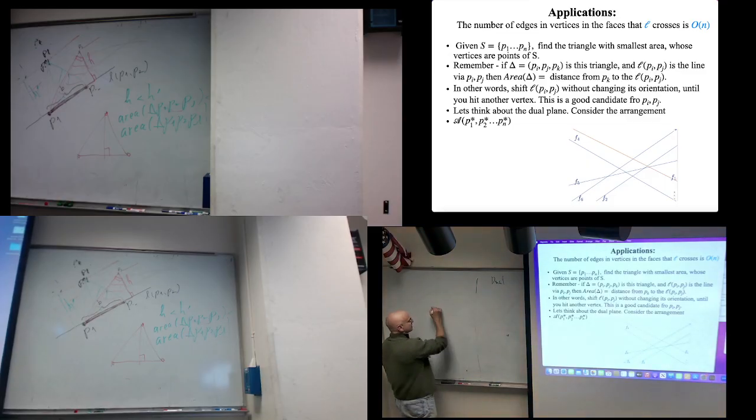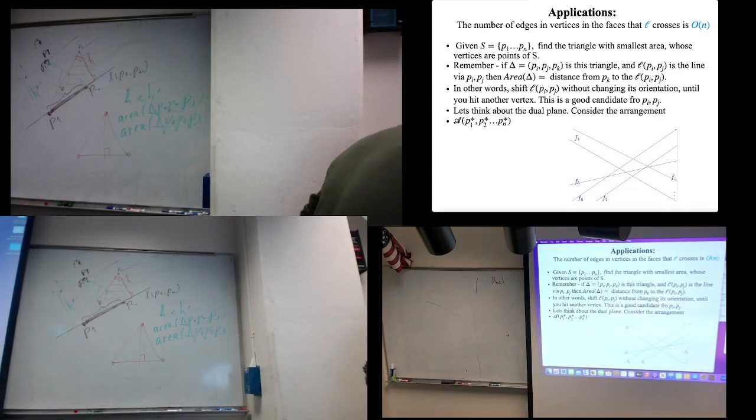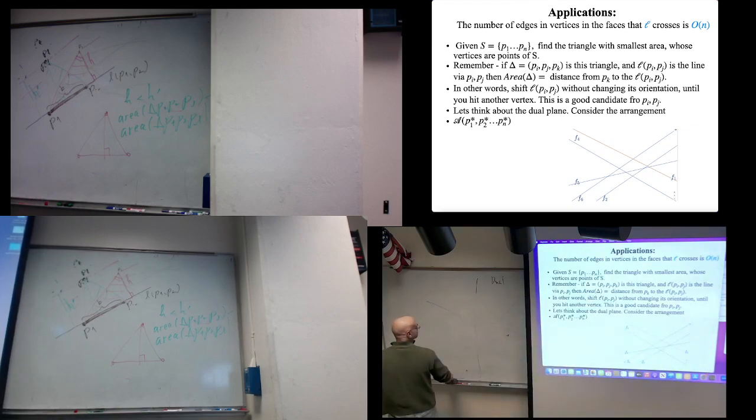So now I will take all the points. It would be nice to have mark. Now we'll take all my points and transfer them to the dual. And here is P1 star, and here is P2 star, the P1 and P2 that you see on the other side of the board.